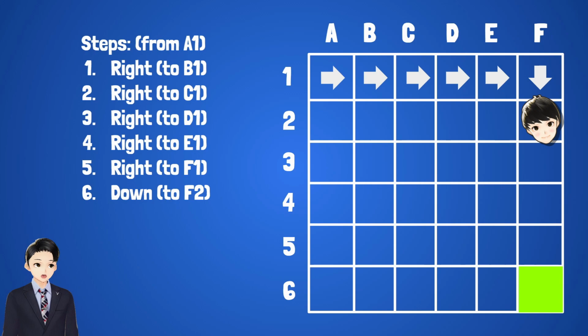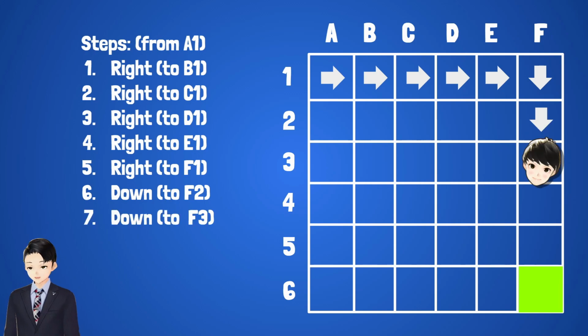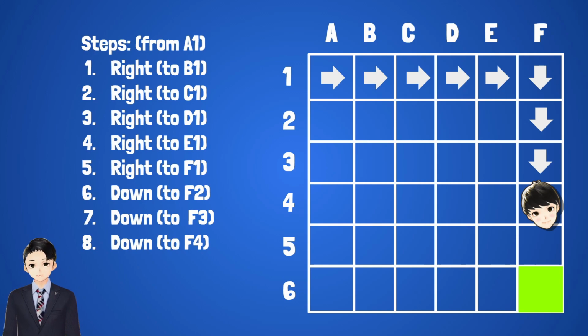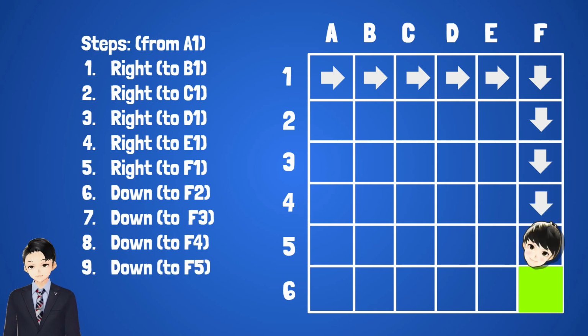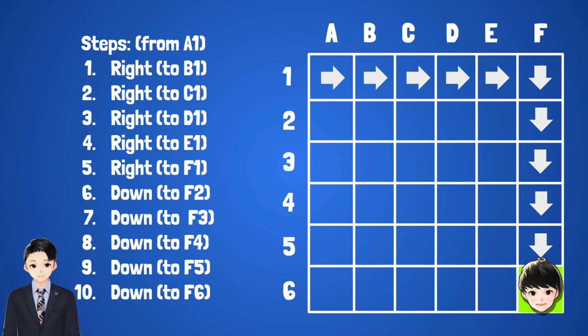He's going to go down again to F3, and then down to F4, down to F5, and finally, to reach the finish line, he's going to go down to F6. Okay?